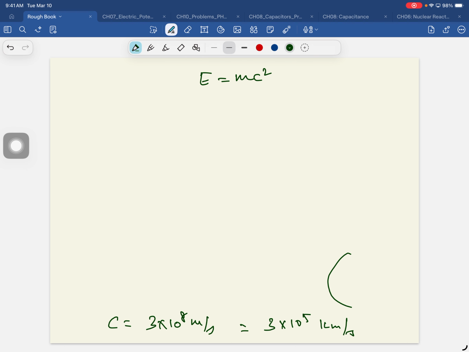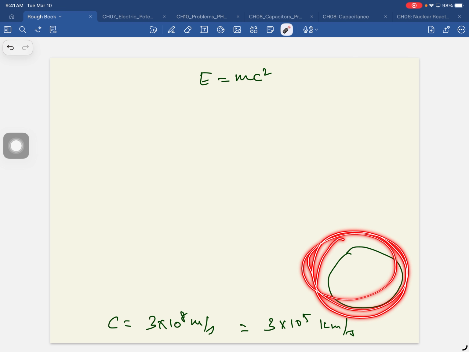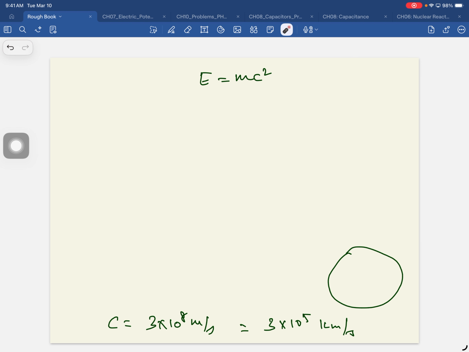If you could make light go around the earth, it would go around the earth 10 times in 1 second. That's how fast light travels. The fastest we have traveled, let's say in a space shuttle, is 10 kilometers a second, and this is 300,000 kilometers a second.